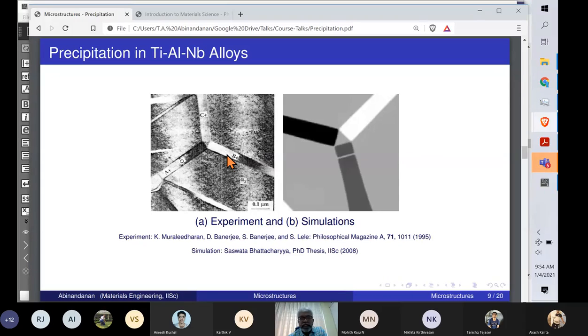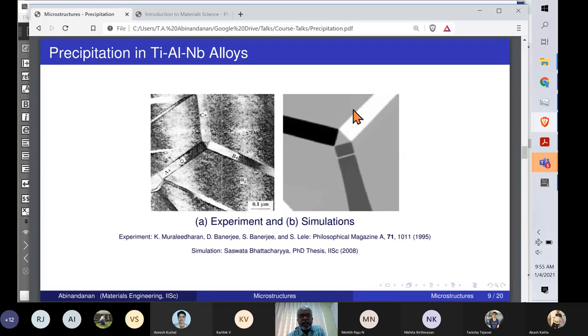And of course, yet another reason why it is a favorite of mine is that in our lab, we did some computer simulations to study the formation of such microstructures. That was done by Shashwata Bhattacharya, who was a student in our group, and he is now a faculty member at IIT Hyderabad. And we could see things of this nature produced under specific circumstances.